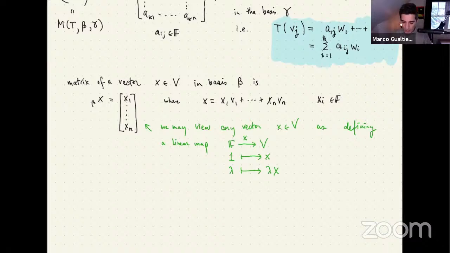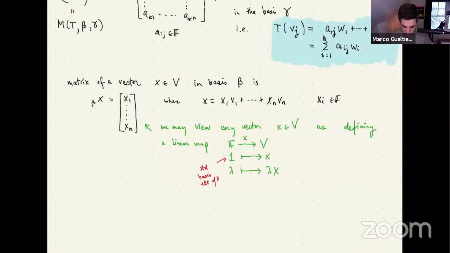And the point is that this number 1 is the standard basis element of F, because remember that any field is a one-dimensional vector space over itself, and it has a standard basis, which is 1. So in the notation, I've written my vector x, thinking of it as a linear map from the field into the vector space.